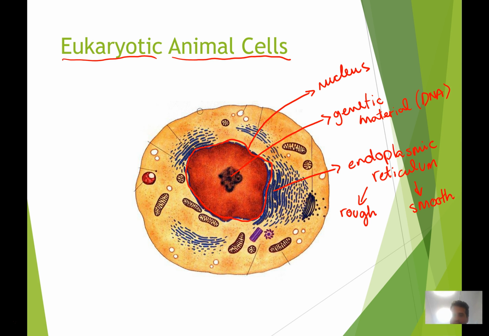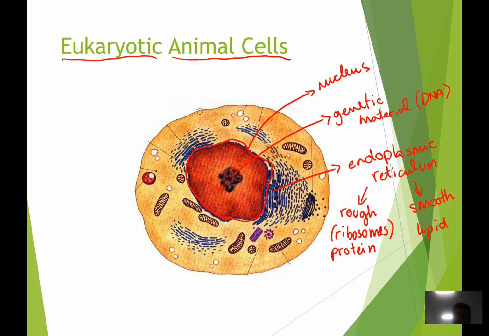The difference is that rough endoplasmic reticulum is surrounded by ribosomes. And ribosomes are an extremely important organelle, which is essential in the manufacturing of protein. So when it's rough endoplasmic reticulum, you're talking about protein manufacture, and with smooth endoplasmic reticulum, you're talking about lipid or fat manufacture.